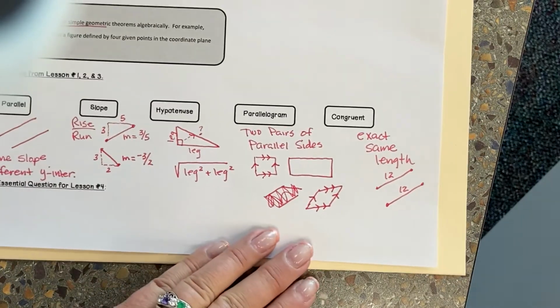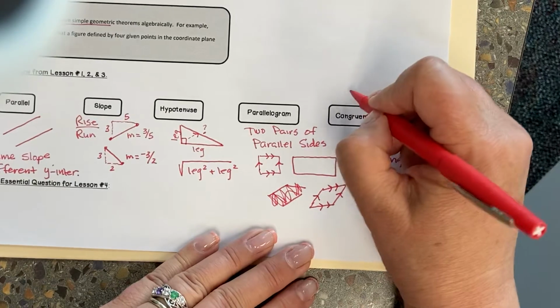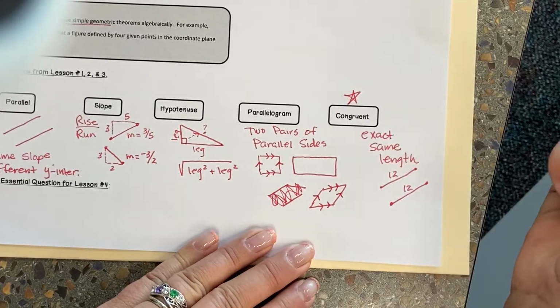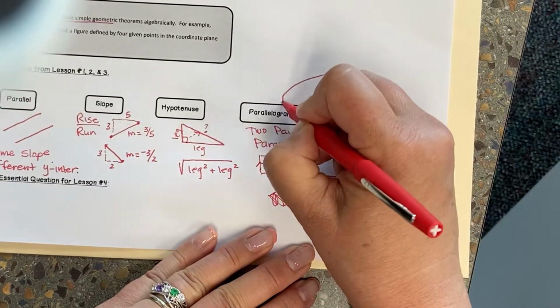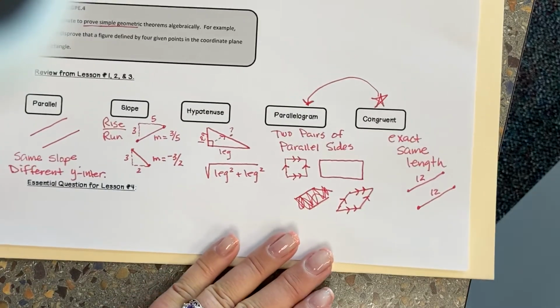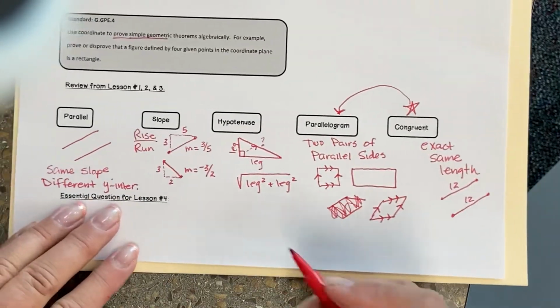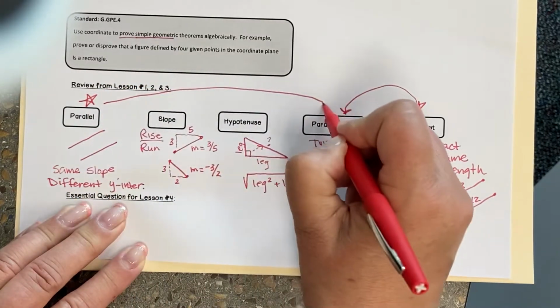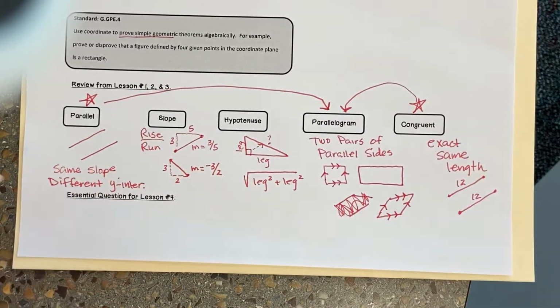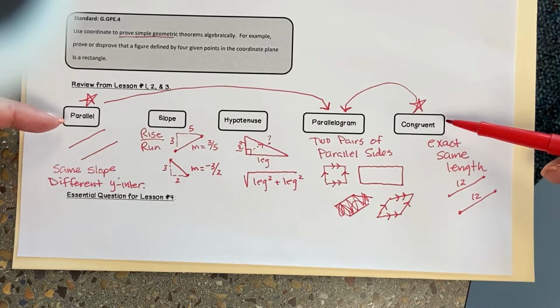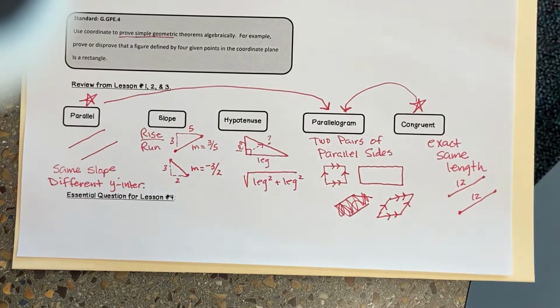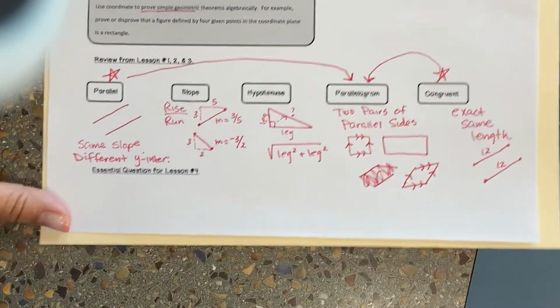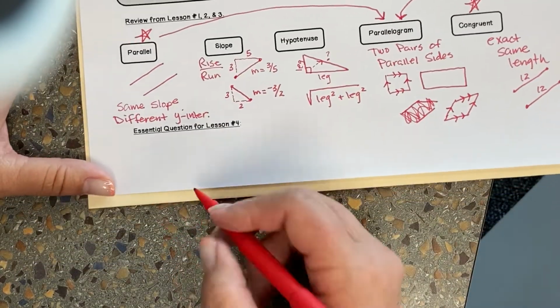So here's the thing, to make a parallelogram, you have to have congruent sides, and you also have to have parallel sides. So that's what you need to make a parallelogram. Congruent sides, parallel sides. Okay, so let's move to a central question.